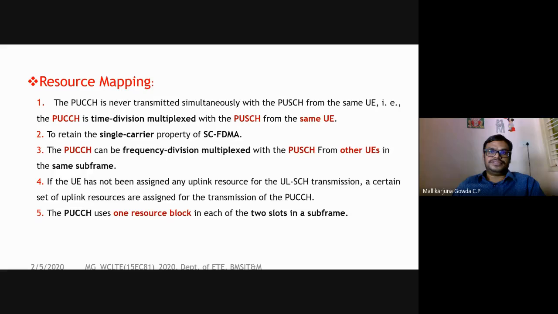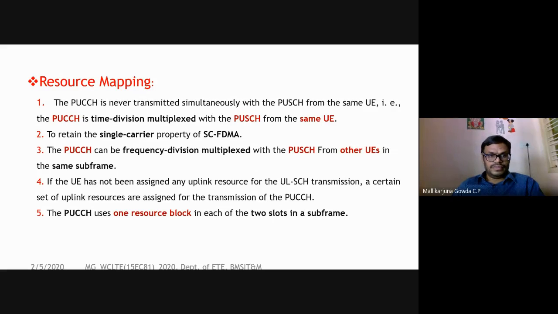And the physical uplink control channel can be frequency division multiplexed with the physical uplink shared channel from other user equipments in the same subframe. Fine. If the user equipment has not been assigned any uplink resource for the uplink shared channel transmission, then a certain set of uplink resources are assigned for the transmission of the physical uplink control channel.